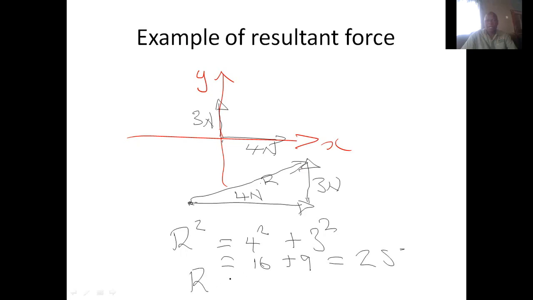And therefore our R is equal to the square root of 25, which is equal to 5 newtons. Therefore, our resultant is 5 newtons. So this is really how we calculate the resultant force.